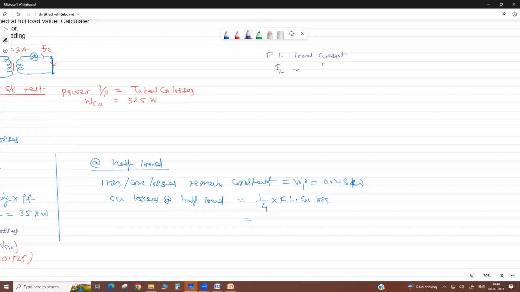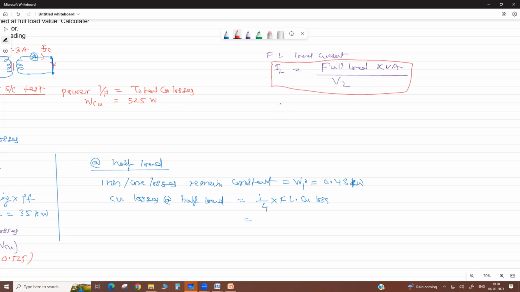If you know the full load kVA, which means the rated kVA, divide it by your terminal voltage. If it is kVA then no power factor comes in; if it is kilowatt then we need the power factor, cos phi. So here only V2, correct? This is your current.